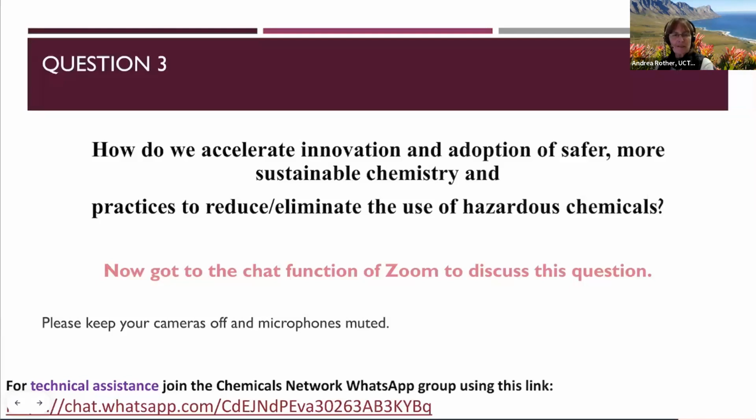Who's the trigger to start this process? And is it legislation? Is it an outcry from civil society or consumers that there are harmful chemicals? And I don't think there's one trigger, as you've been saying, there are multiple triggers. But when I reflect on low and middle income countries like African countries, what is the trigger?